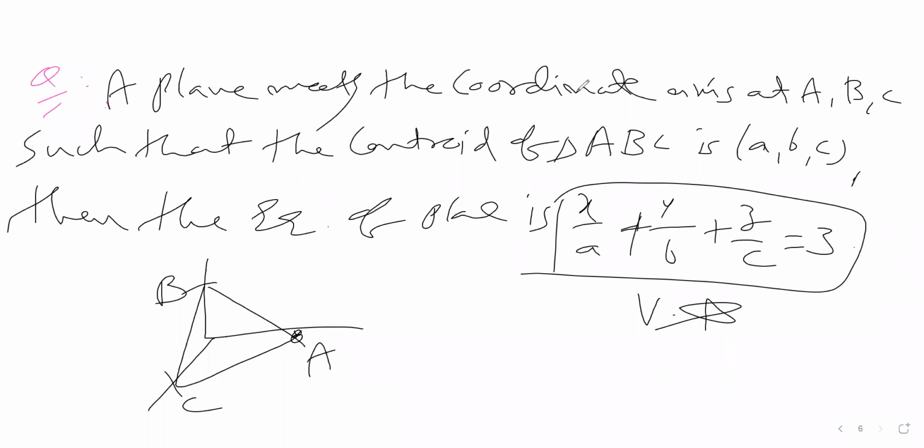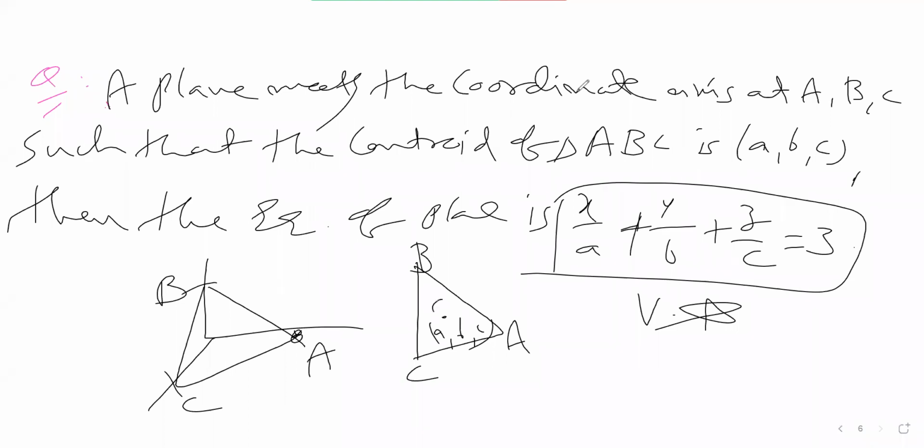So now we are given that our plane meets the coordinate axes at 3 points, capital A, capital B, capital C, such that, looking at these 3 points as a triangle, its centroid is given as small a, small b, small c.